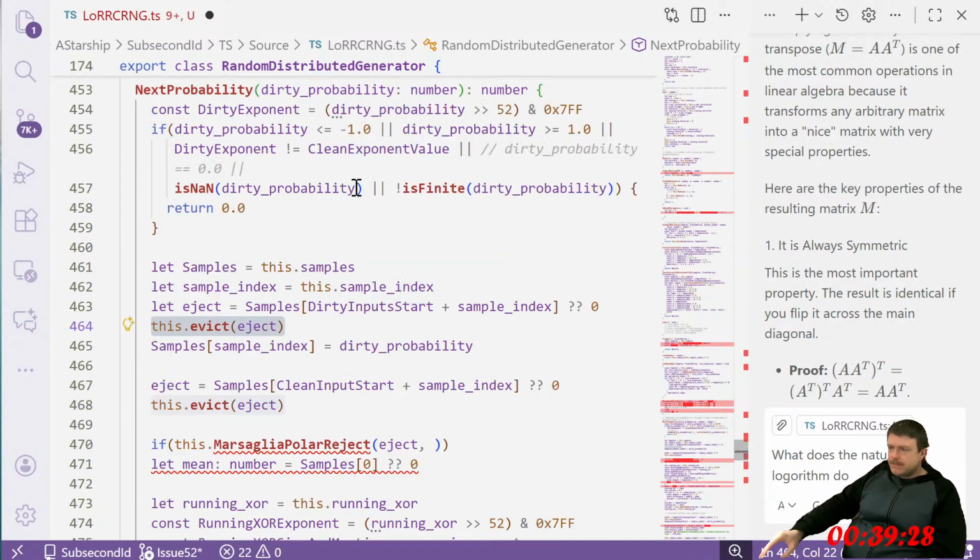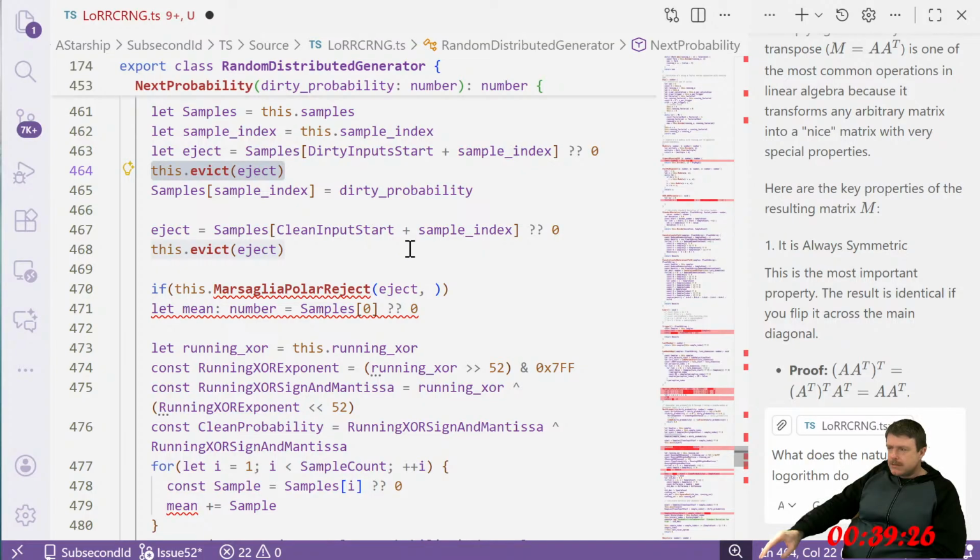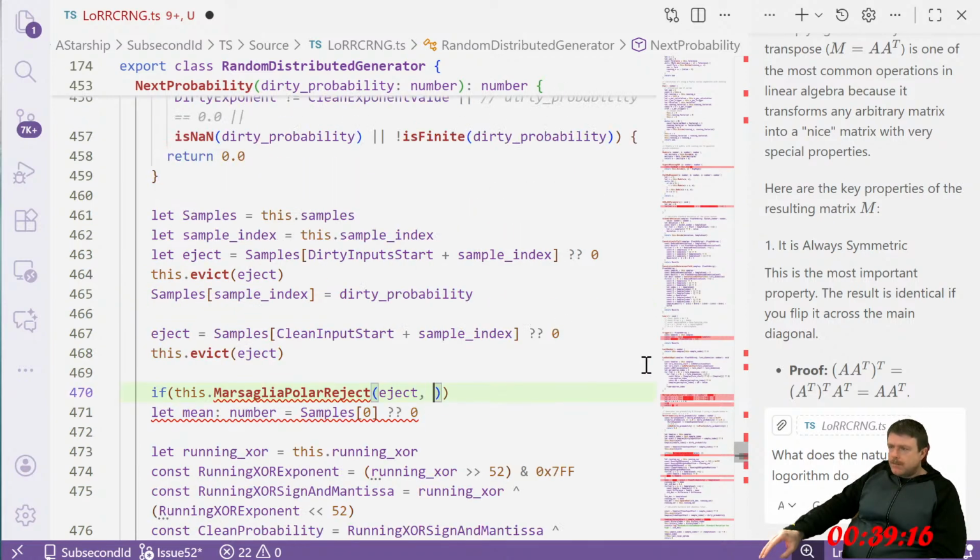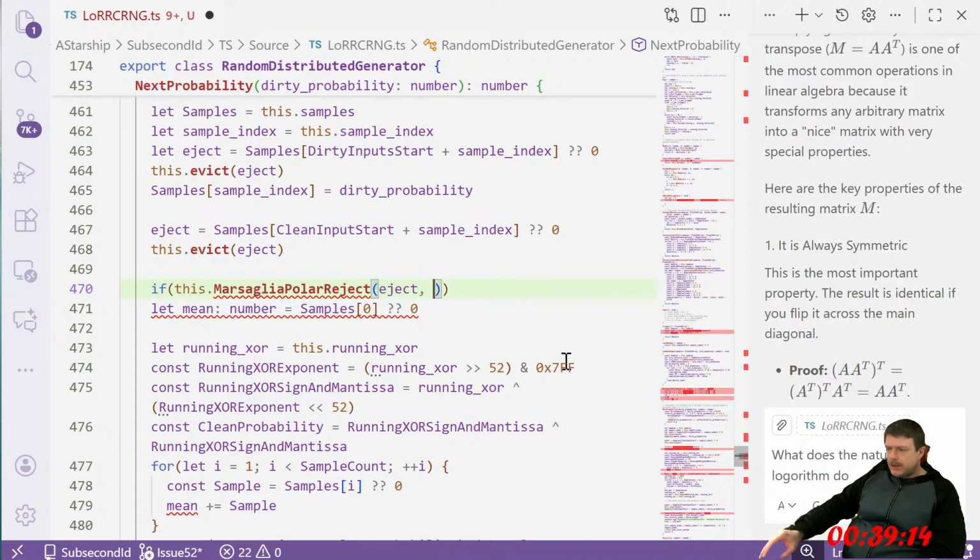Okay, so what do I do? Is this the second thing? Sorry. So eject and what do I need? Clean. Where's my clean probability?